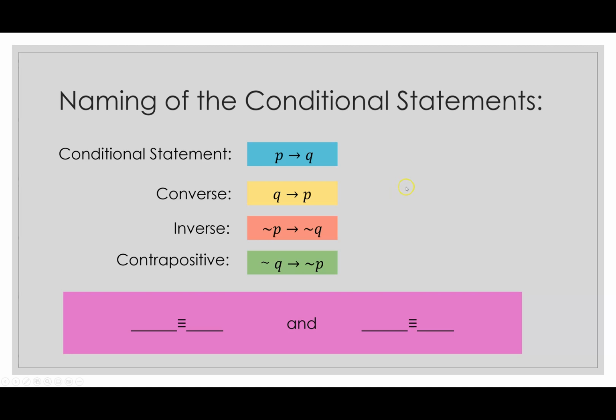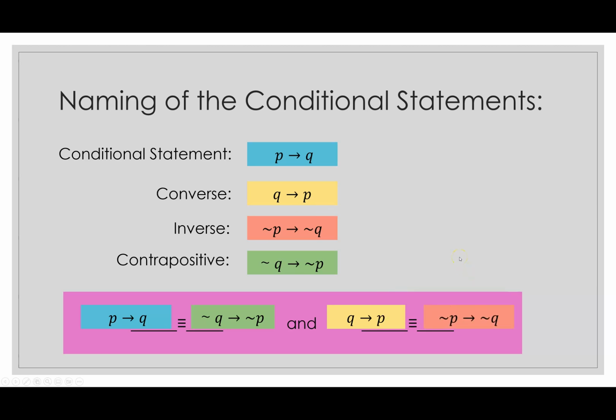And from the previous truth table, we have demonstrated that the conditional statement is equivalent to its contrapositive. Now, what is a contrapositive? It is when you switch the order and negate both. So the converse, if Q then P, if you switch the order and negate, that is the inverse.